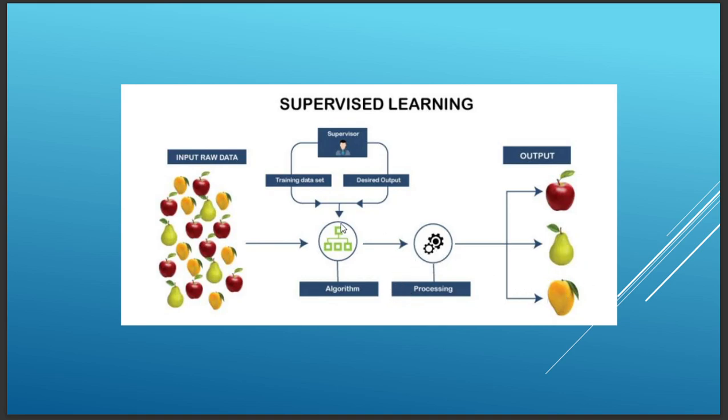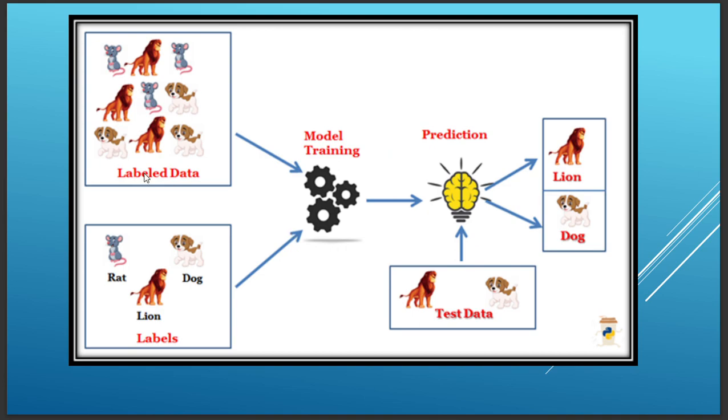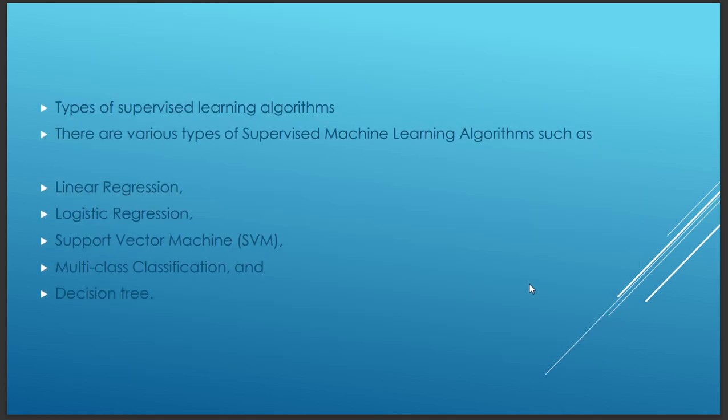Some processing is involved. With the labeled data, the model makes predictions on test data. This is the processing of machine learning. We will give some training data and make some predictions with the test data, so that we can evaluate the model.